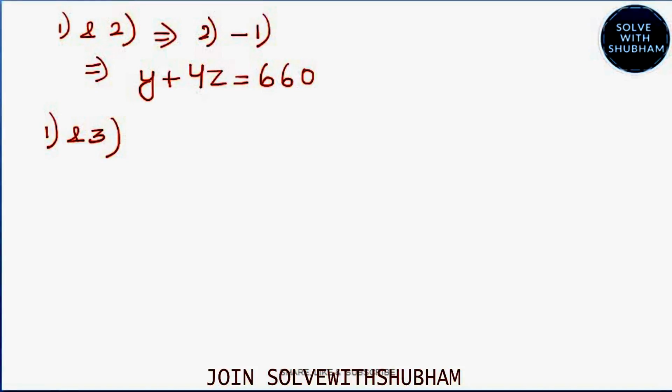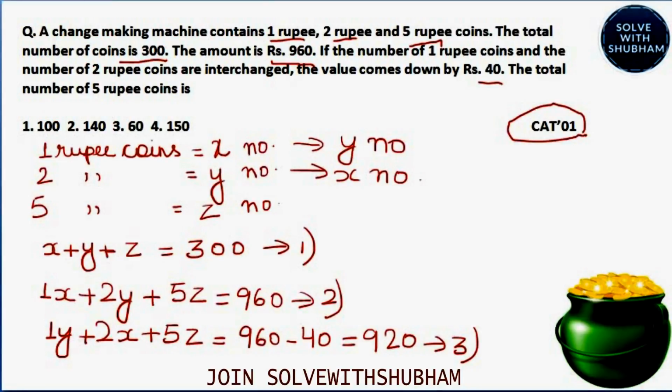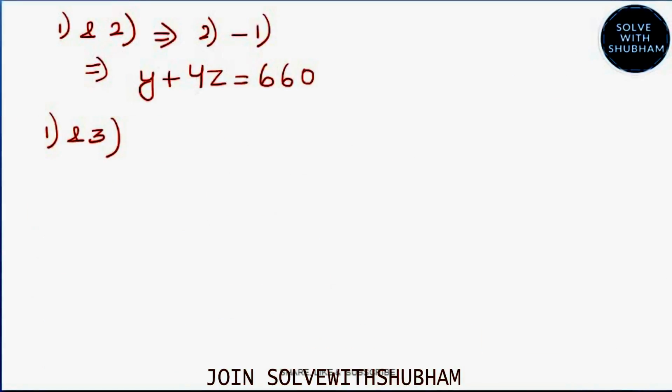Now, equation number 1 and equation number 3, we have to solve it. When you look at equation number 1, this is x plus y plus z. Equation number 3, this is 2x plus y plus 5z. So what we can do? We can multiply equation number 1 with 2.